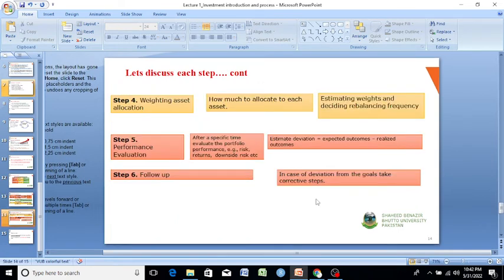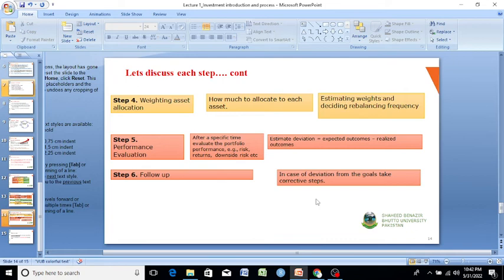The fourth step is about assignment of weight, or weight allocation. Now that we have completed the selection step, we know where to invest our money. The next question is how much we should allocate to each asset within our portfolio.